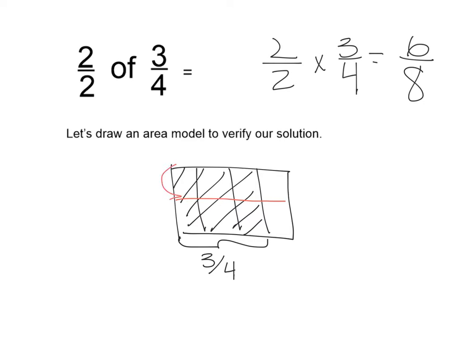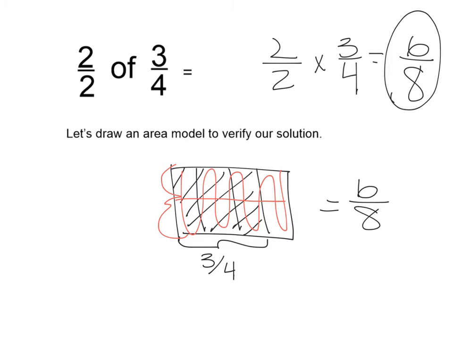To show 2 halves, which is 1 whole, I'm going to shade all of that. My answer will be what's shaded by both. So we have 1, 2, 3, 4, 5, 6 out of 2, 4, 6, 8 sections. So my answer is 6/8, which is equivalent to what we got up here.